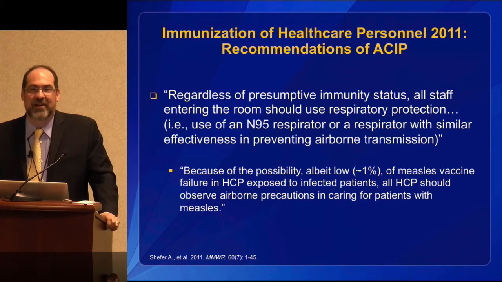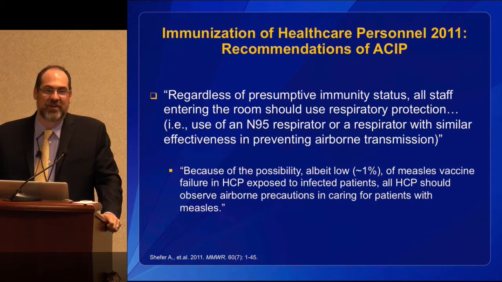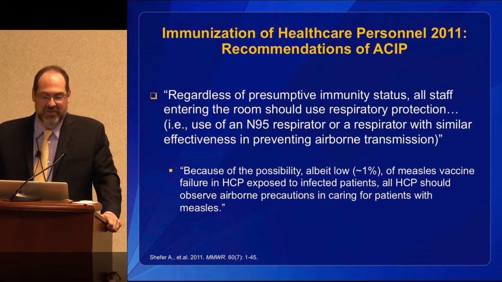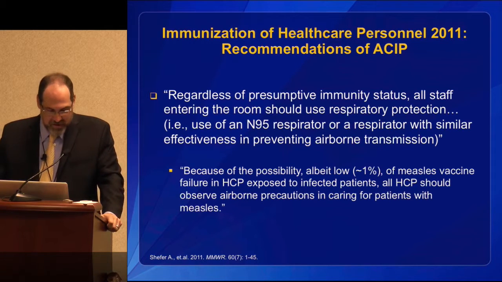Still, this has actually recently been readdressed. The Advisory Committee on Immunization Practices in Immunization of Healthcare Personnel 2011 updated the no recommendation for respirator to basically saying that regardless of your presumptive evidence of immunity, all healthcare workers who enter that room should wear an N95 respirator.